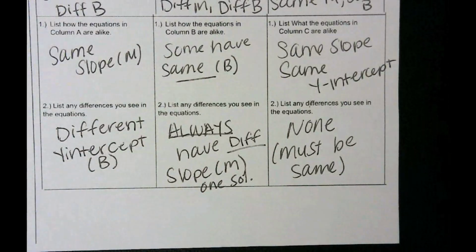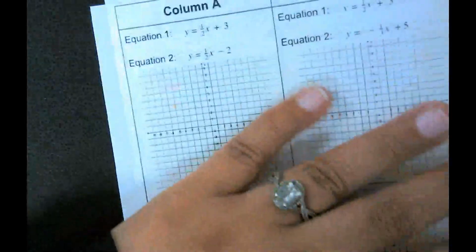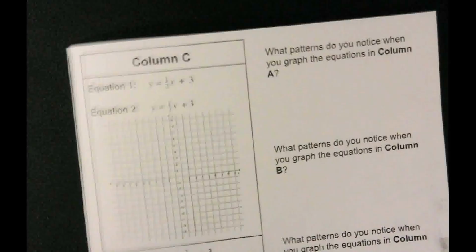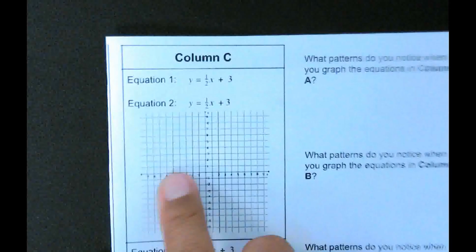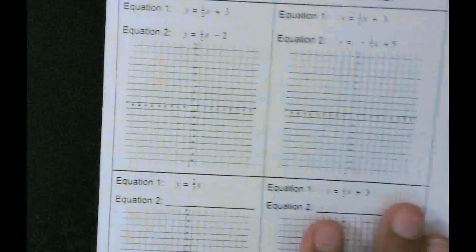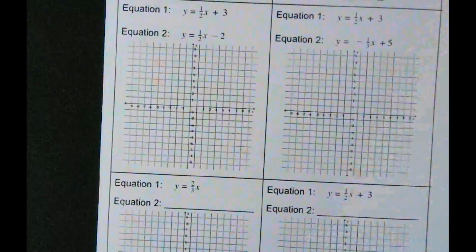All right, I'm going to lead you in two examples. So if you guys flip it over, I'm going to lead you in two of these examples. Actually, I'm going to lead you in the top one. So here we go. I'm going to compare m.